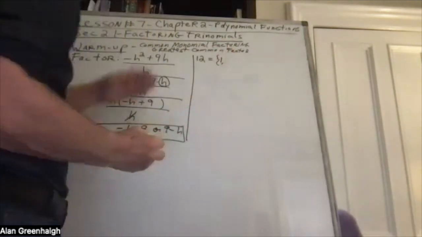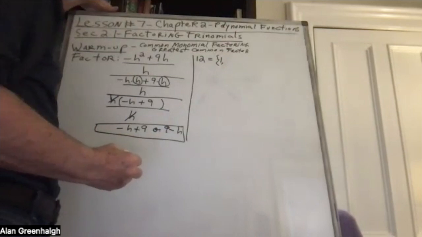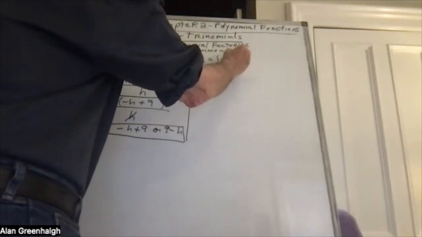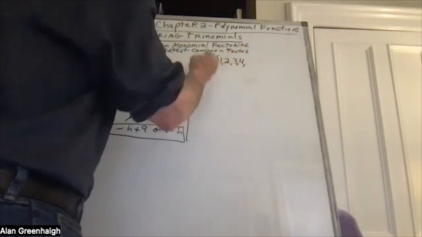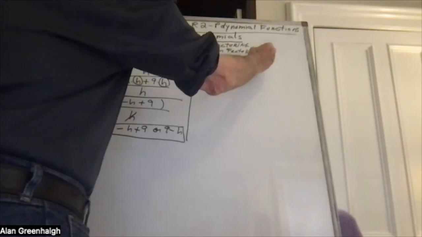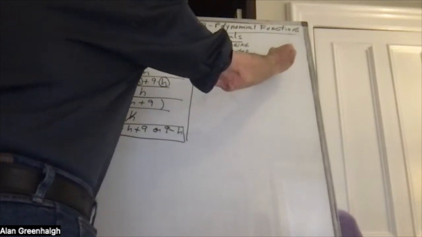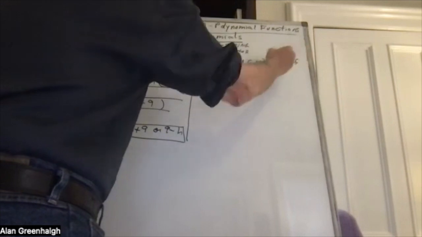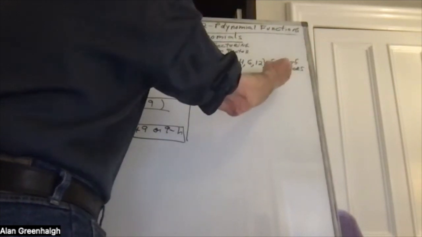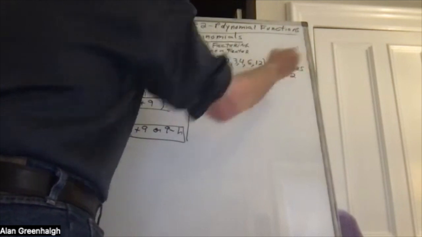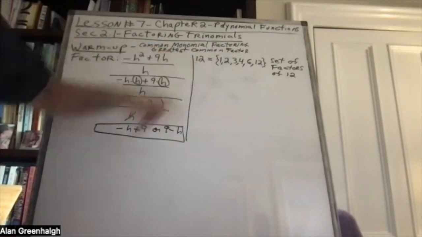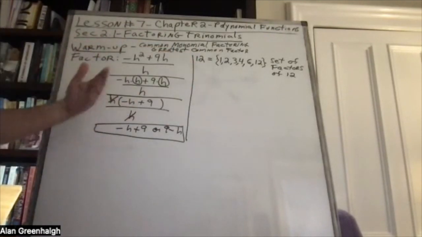It's just a question of going from 1 to 12 and thinking of all the numbers that divide into 12: 1, 2, 3, 4, 6, and 12. This is called the set of factors of 12. It's simply all the numbers that divide evenly into that number 12, evenly meaning without a remainder.